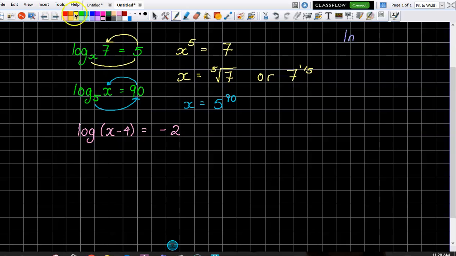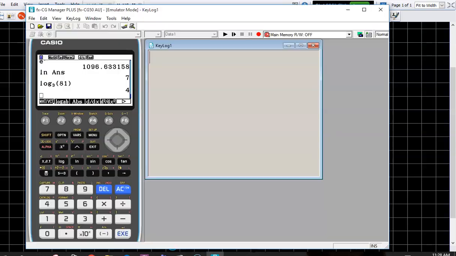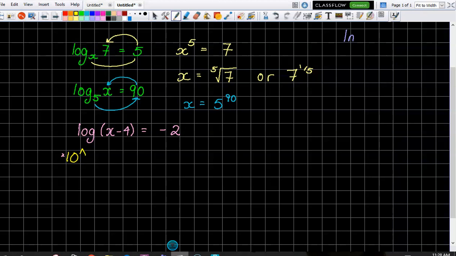This is when you have to go 10 to the power. 10 to the, and if you ever forget, look, it's right there. Your calculator actually tells you. You got to love it. So when I go 10 to the log, gone. I'm left with x take 4 equals 10 to the minus 2. Capiche? And let's get rid of the take 4, add 4, yeah?